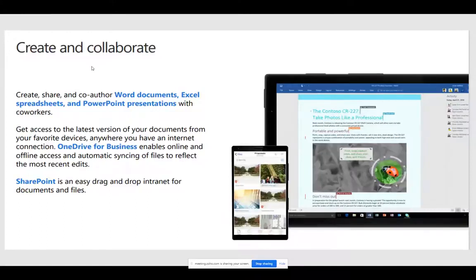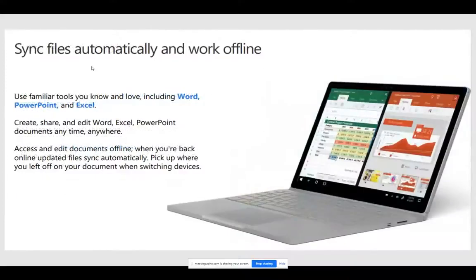So this all comes with Microsoft 365, keeping in mind that even if you are working offline, the files will sync automatically the next time that you get connected to internet.